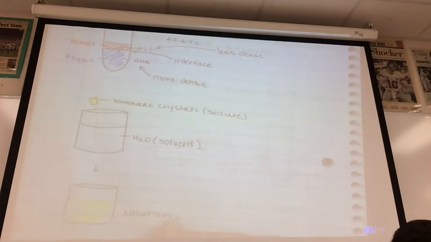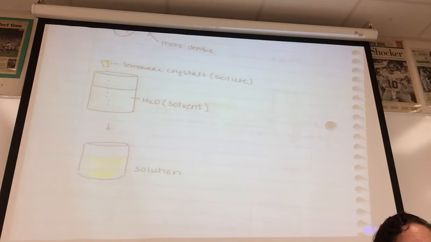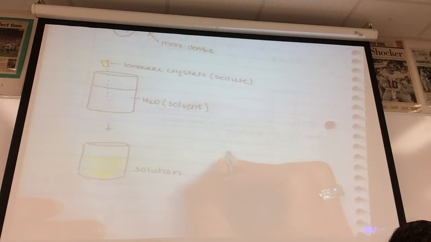You can make solutions from solids and liquids to make a liquid, but solutions can be solids, liquids, or gases. And some examples that are given here: sugar water or something like lemonade, salt water, seawater. Another example of a solution is air.